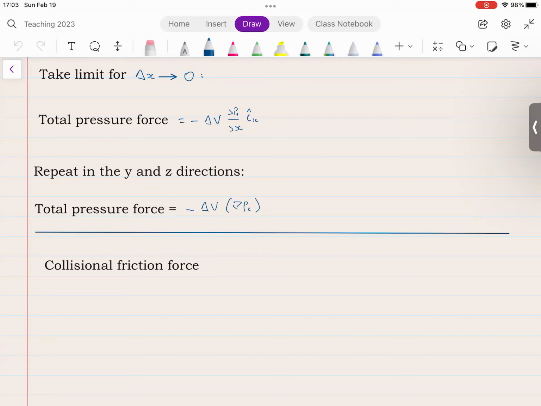Collision and friction force is going to be a little easier to calculate. We can assume that the ions are faster or slower than the electrons. The derivation is the same. It's just to fix ideas. Assume that the electrons are moving faster than the ions.